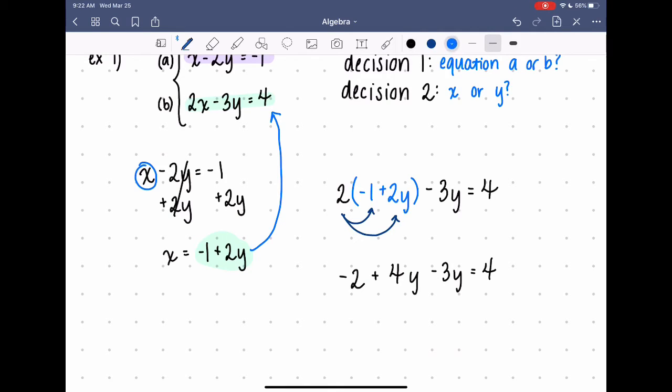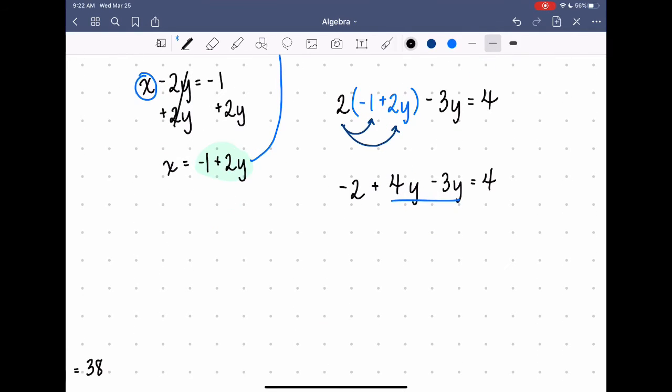Let me keep solving. I can put these together. I've got some like terms on the left side. So then I have -2, 4y minus 3y is just 1y, or y, equals 4. Let me add that 2 over here to get rid of it. Add it over here. So I have y equals 6.